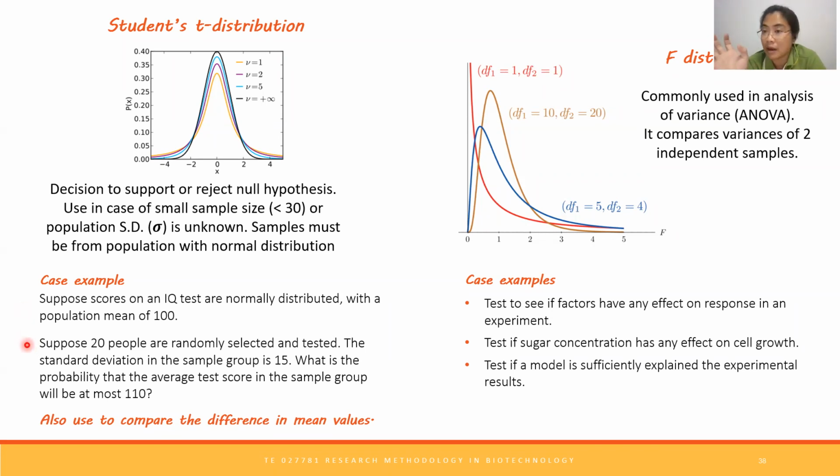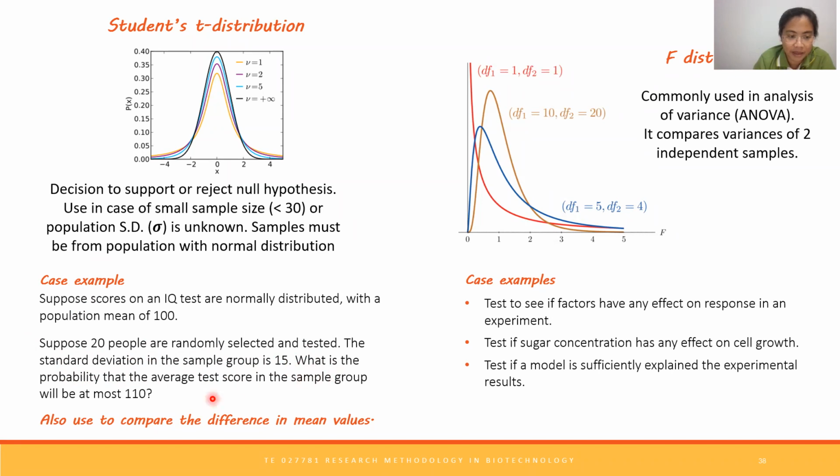Suppose 20 people are randomly selected and take the IQ test, and the standard deviation in the sample group is 15.